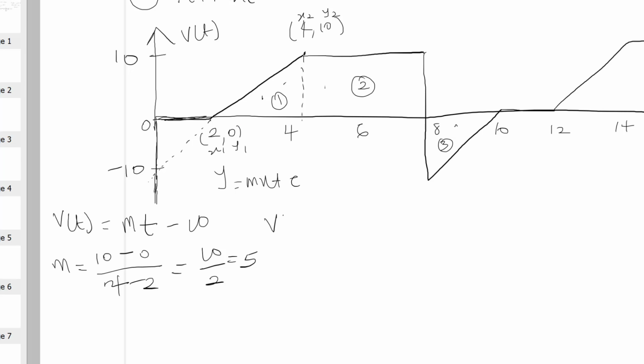So then the function of the sawtooth here, I mean this one, is going to be 5t minus 10. That is the function for the sawtooth.